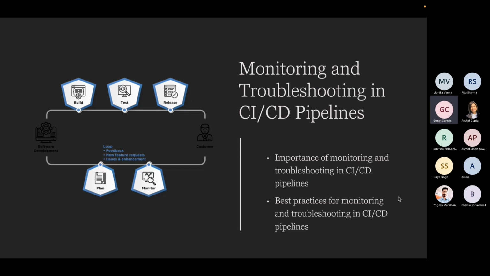Basically, collaboration between development and operations teams is crucial in monitoring and troubleshooting CI/CD pipelines. Effective communication between teams helps to identify and resolve problems more quickly and efficiently.